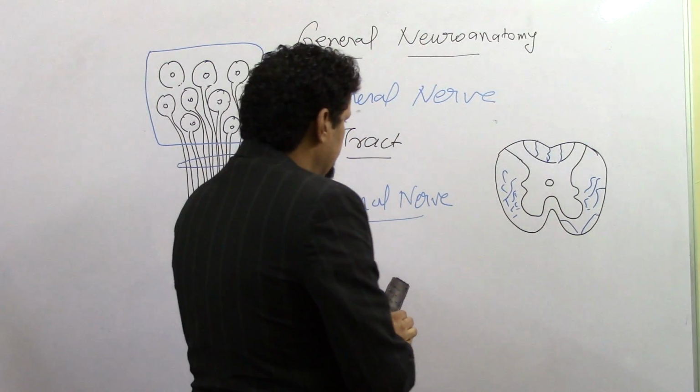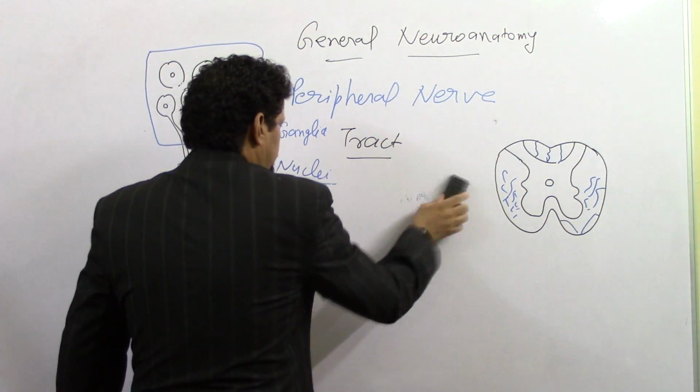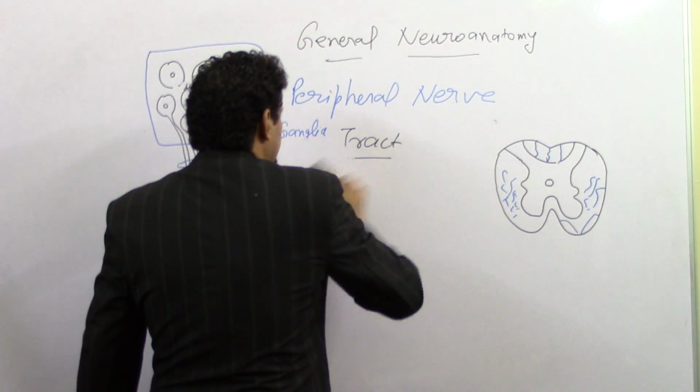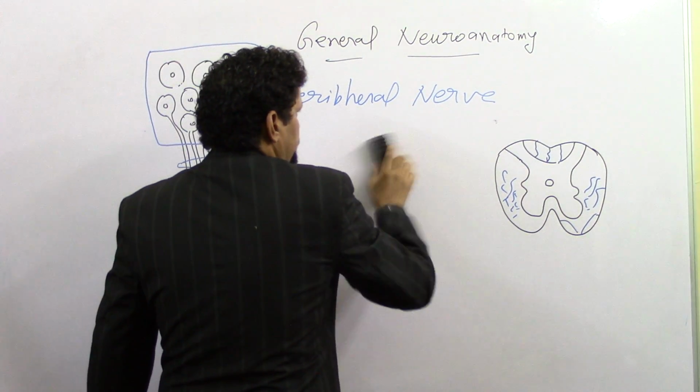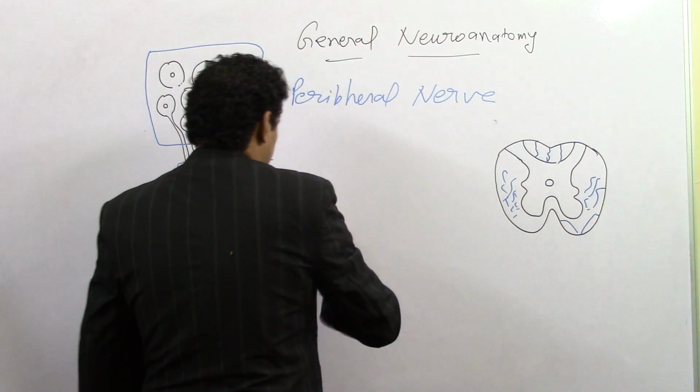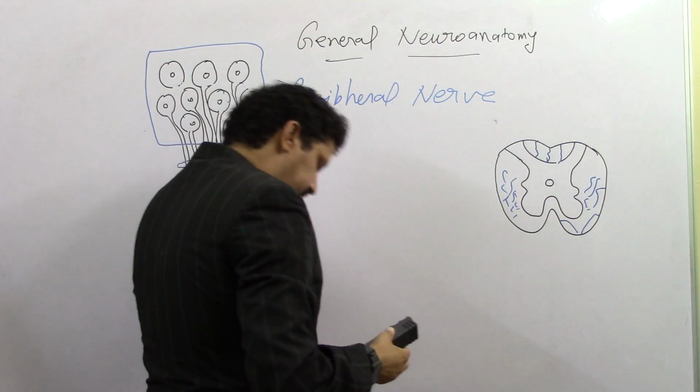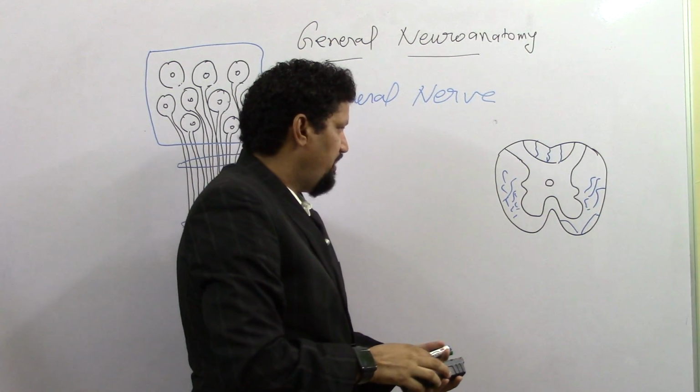But when we see the peripheral nerve, it is having multiple origins and different types of fibers.